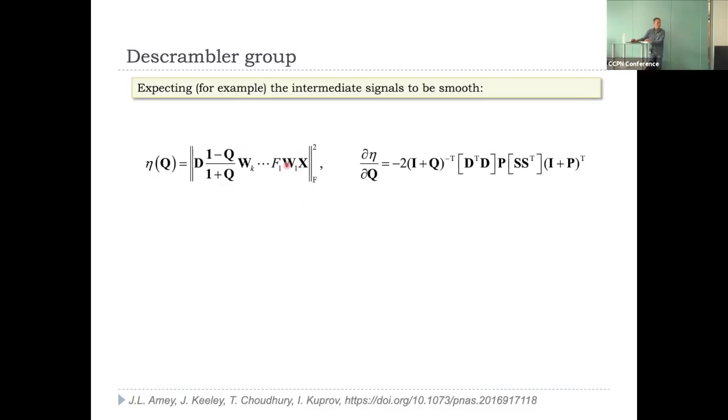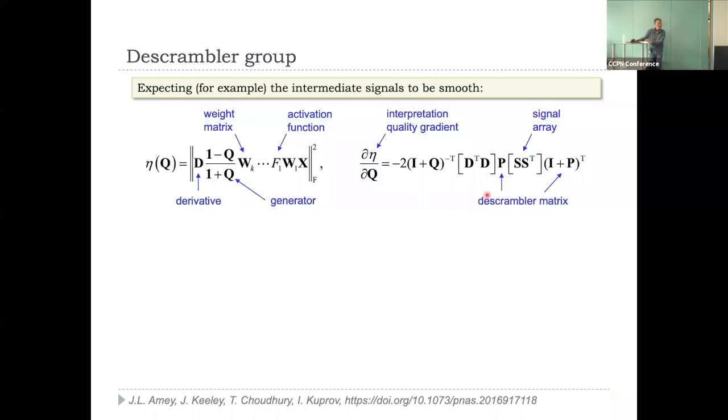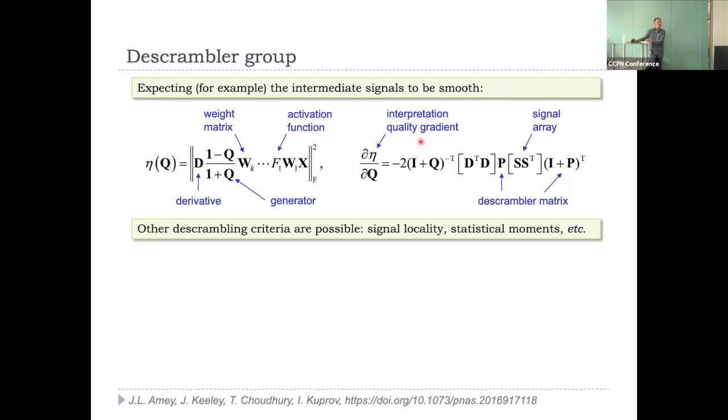That's a chunk of neural network. That's our descrambler. That's the derivative operator, and that's the Frobenius norm. I don't think you were taught how to differentiate a scalar by a matrix, but it can be done. And you get this interpretation quality gradient, and you know what to do with the gradient. You plonk it down in an optimization method, and you optimize.